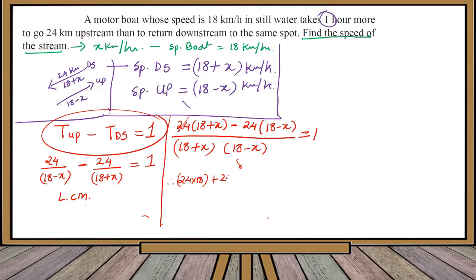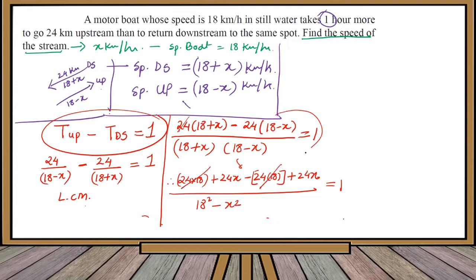Plus 24x minus 24 into 18, minus minus plus 24x, the whole upon, a plus b, a minus b, so that's a squared minus b squared, so it would be 18 squared minus x squared. And you see this and this will get cancelled. Over here it's 1.